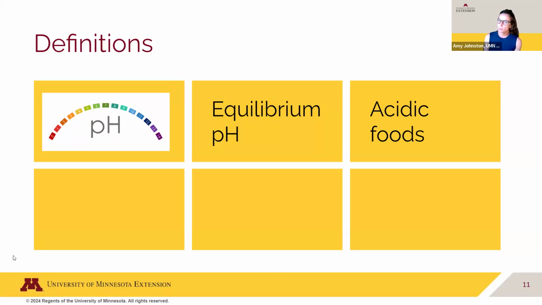And we'll talk more about these, but many fruits are acidic foods. They're naturally having a pH of 4.6 or less. And that pH of 4.6 or less, if you think back to the February webinar, that 4.6 is that benchmark that we are trying to hit to make shelf-stable foods safe.